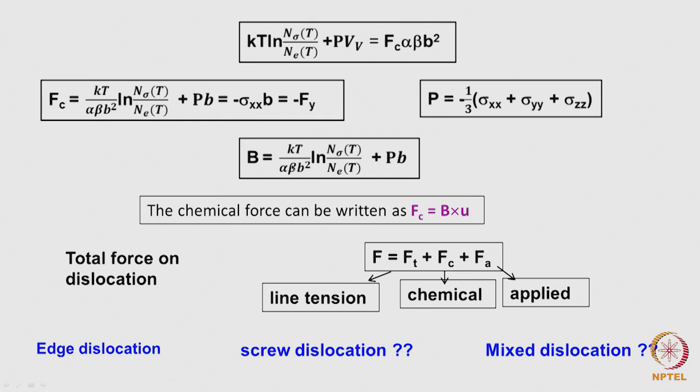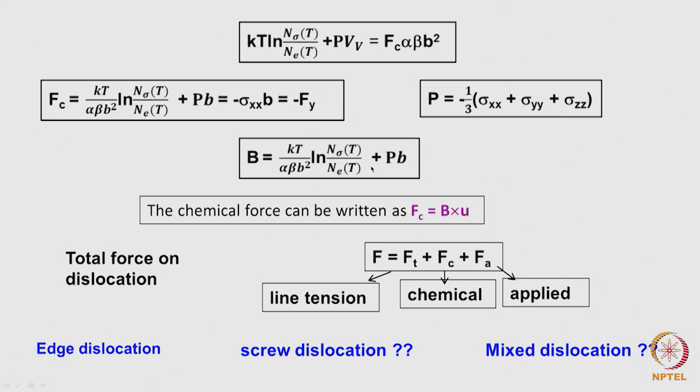If you look at this expression, this b we know for a dislocation in a typical material. k is the Boltzmann constant, T is the temperature, correct?